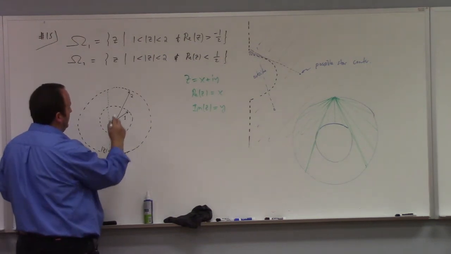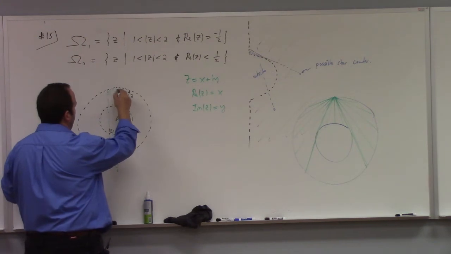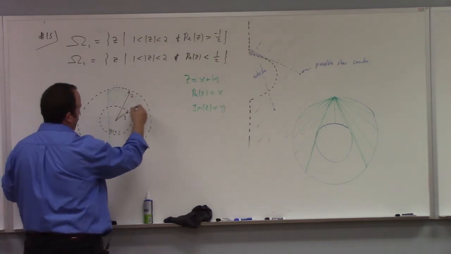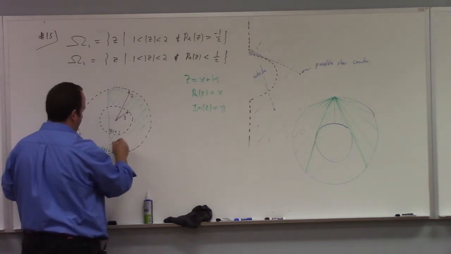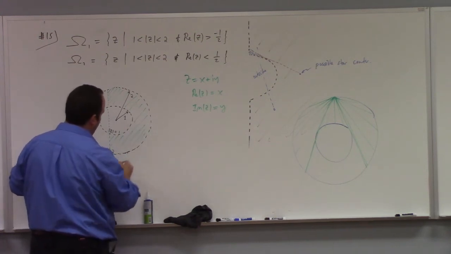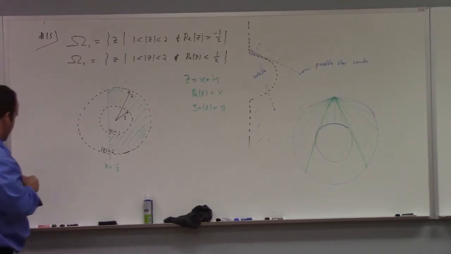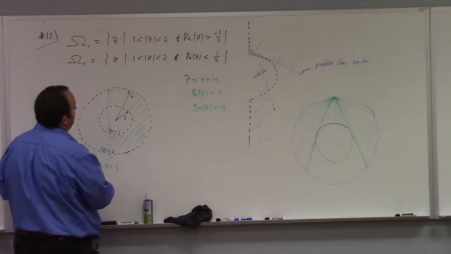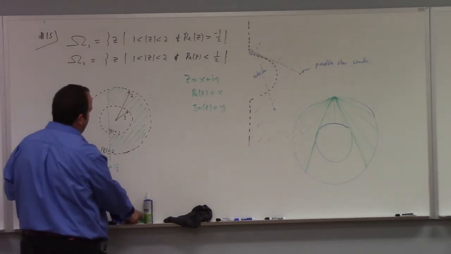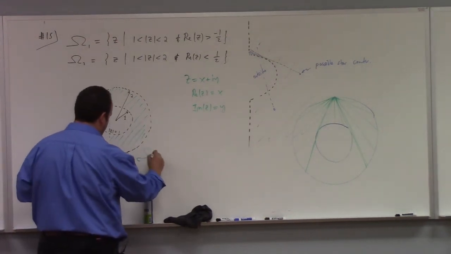So omega 1 is this more than half circle, right? If I ask my child to break a cookie in 2, the green part is the part they will take. And that's my omega 1.